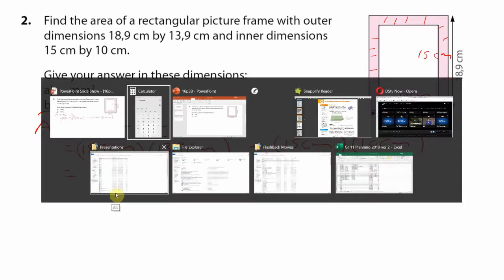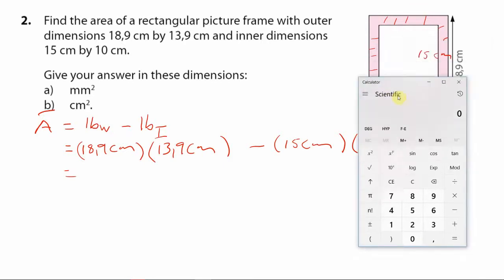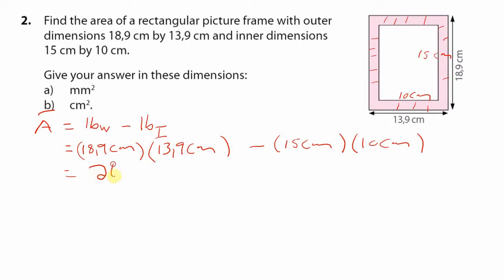So now it's simply a matter of doing the calculations. So we have 18,9 times 13,9, which is 262,71 centimeter times centimeter, which is centimeter squared, and then we still have to subtract.